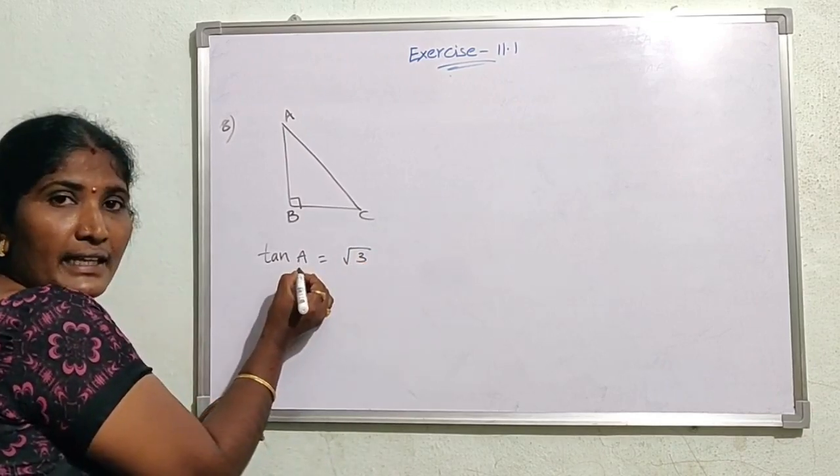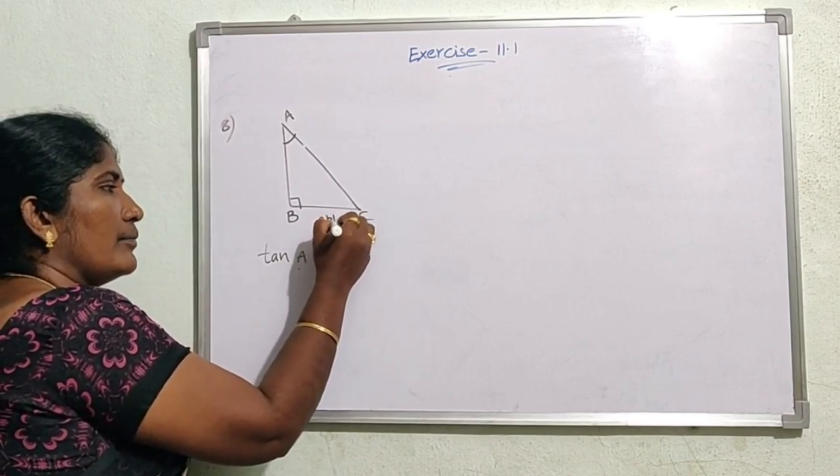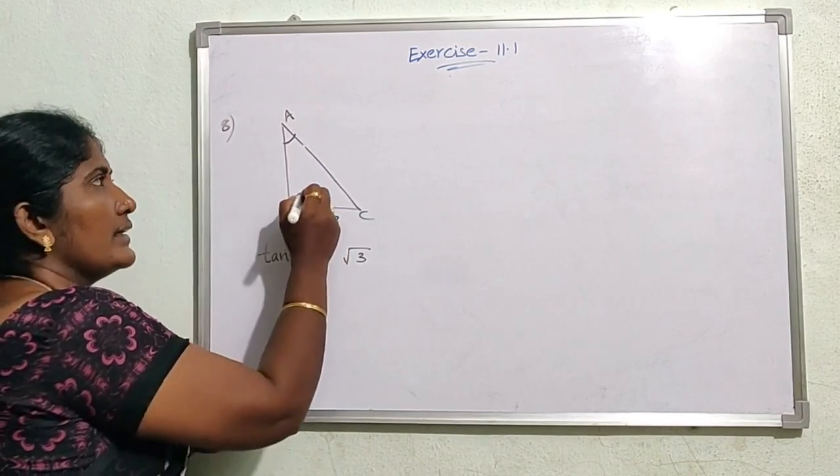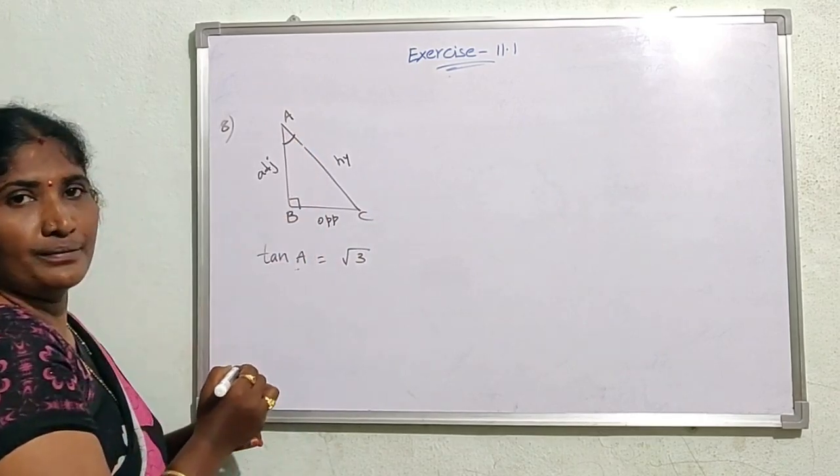They mentioned angle at A. So here they mentioned angle. Then BC becomes opposite side and AC becomes hypotenuse, and this is adjacent side.